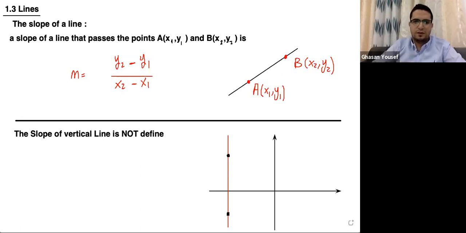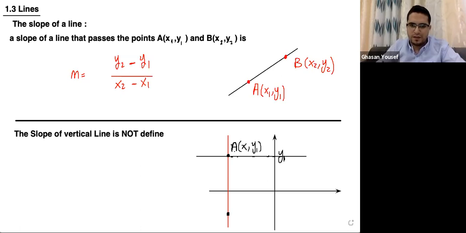For the first point, suppose it has an ordered pair. This is y1. The point is A of x comma y1. So the same variable here is x.